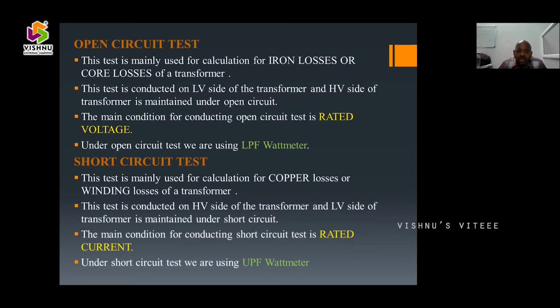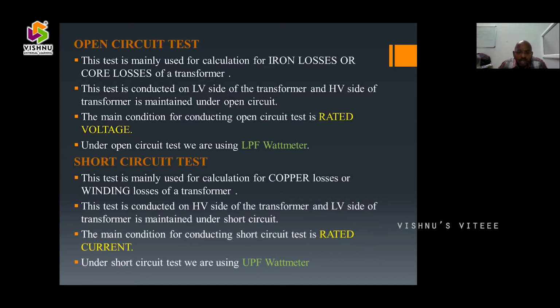So that's why we conduct the open circuit test on the LV side of the transformer compared to the HV side, because the voltmeter, ammeter, and wattmeter ratings required for the LV side are very low compared to the HV side. That's why this test is conducted on the LV side of the transformer.